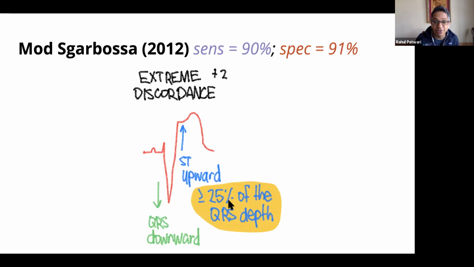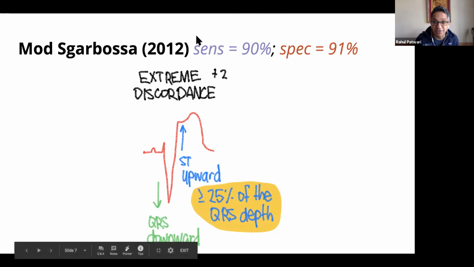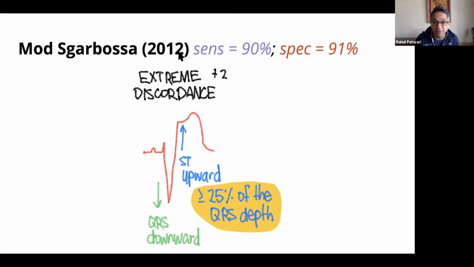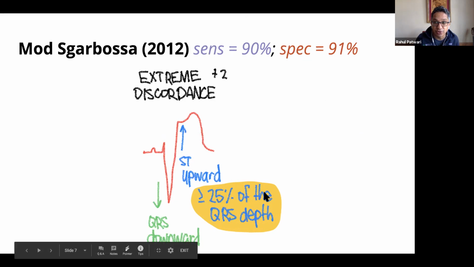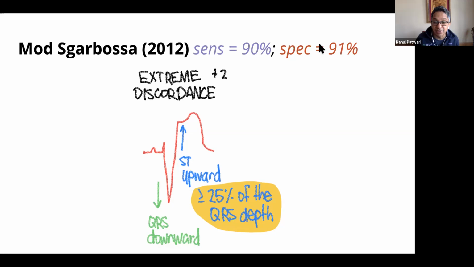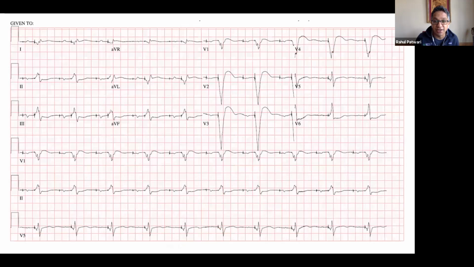But this extreme discordance then increases the sensitivity to 90%. You can see here, really what it's saying, it's not 5 millimeters, it's just greater than 25% of the QRS depth of ST segment elevation. The specificity, of course, is going to take a bit of a dip because these are a balanced trade-off.